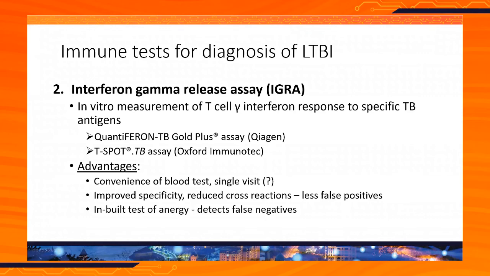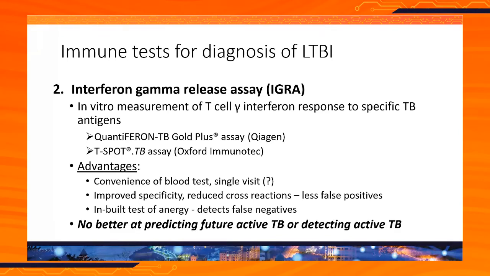And then finally, the test has an inbuilt test for allergy. If the patient's immune response is poor, in other words, they're allergic, it will come back as an indeterminate result, and you know that the test has failed rather than getting a false negative. And so for these various reasons, in most circumstances, the IGRA tests are the best for diagnosing TB nowadays.